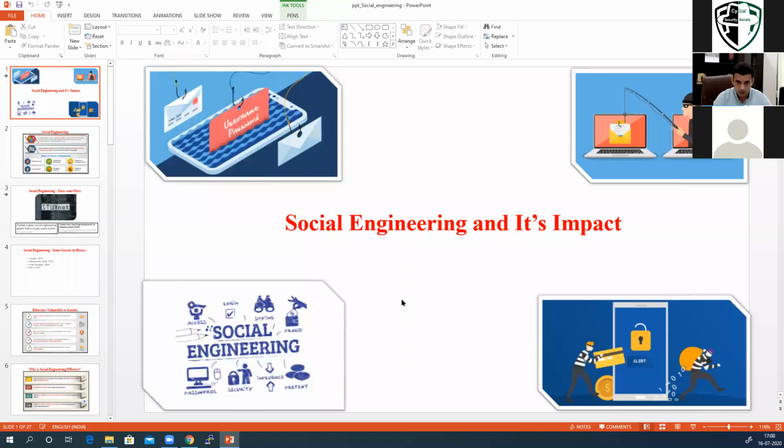In today's security model, what we include is network security, that is the security of other resources of the corporate network. But humans are the most important component of security because they are at the interface.